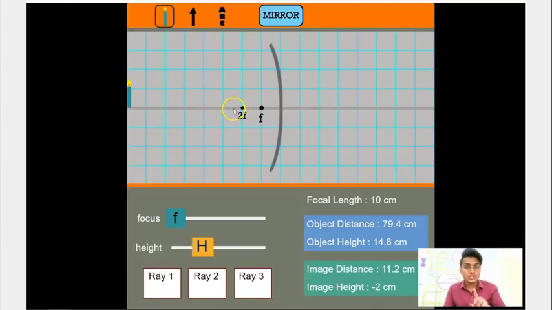It is a real, inverted image. Got my point? And the size of the image, as you can see, is very, very small. Let's find out. Look at this. Object height is 14.8 centimeters, which is close to 15 centimeters, but the image height is 2 centimeters, very small as compared to the object.